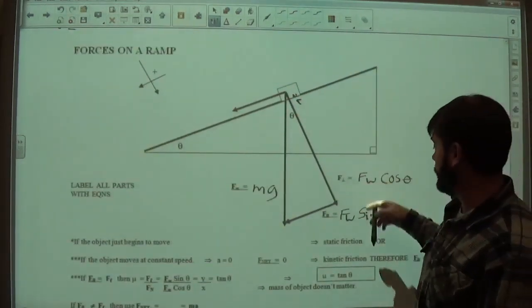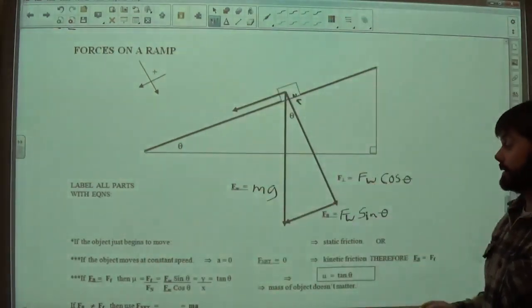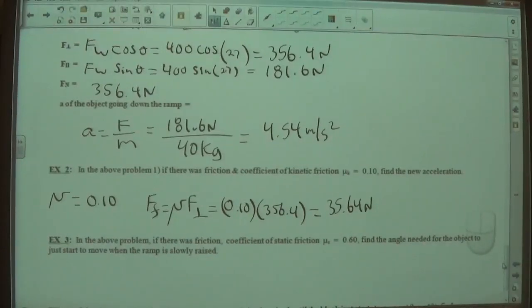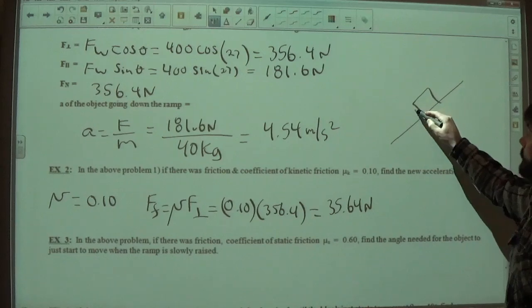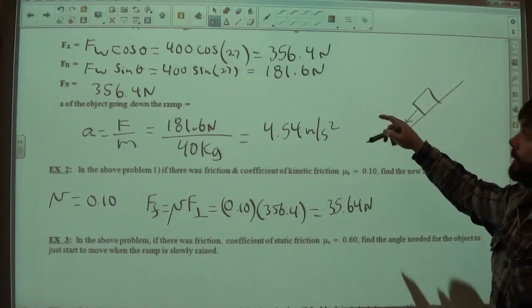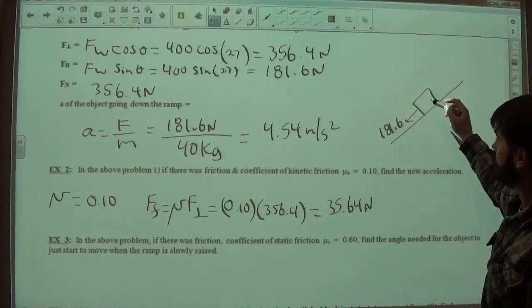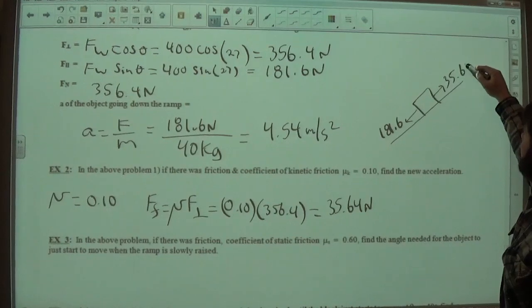If you think of it this way, we have the force parallel going this way, and in the other direction now is this 35 that we got, going up the ramp. So think of this like a tug-of-war: we have the force going this way, which we already said was equal to 181.6, and going the other way a small force of 35.64.